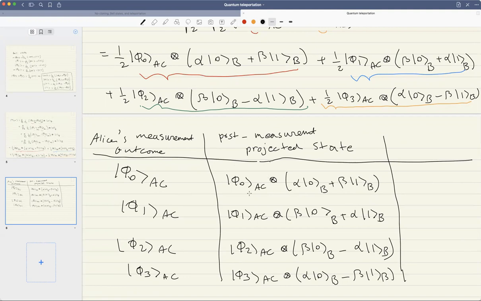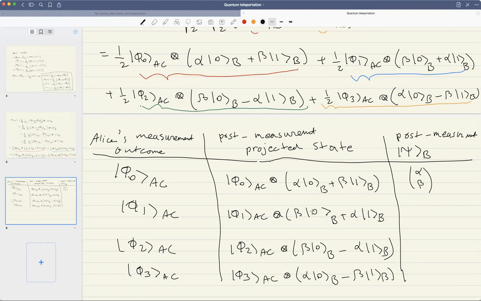So qubit B has a well-defined state that we can read off from here. So post-measurement psi B, and let's write it in 0, 1 basis. So in this case, it's going to be just alpha beta.